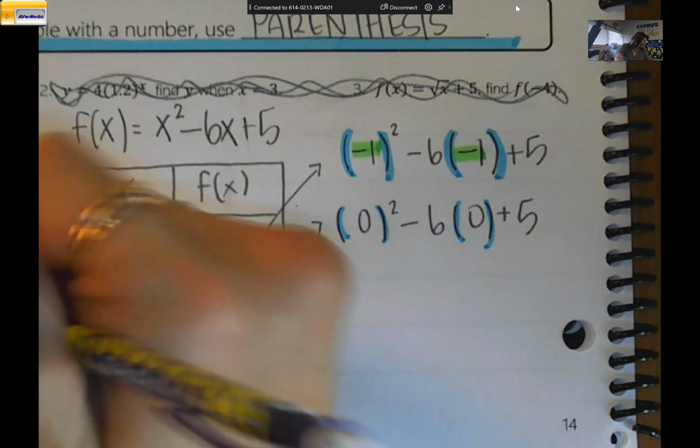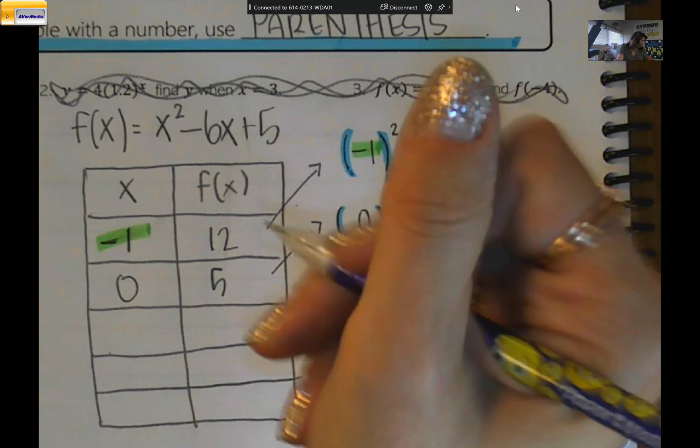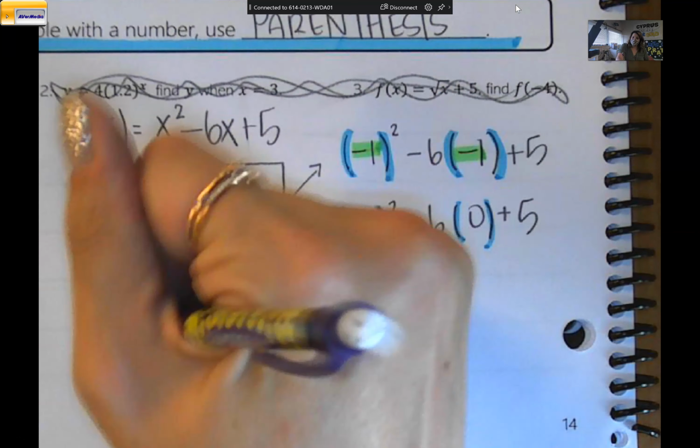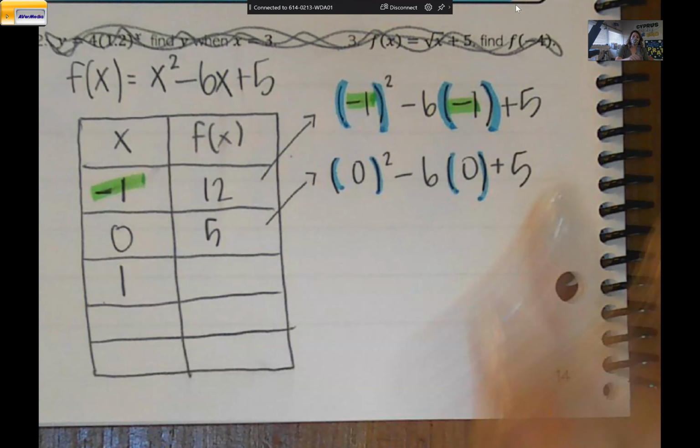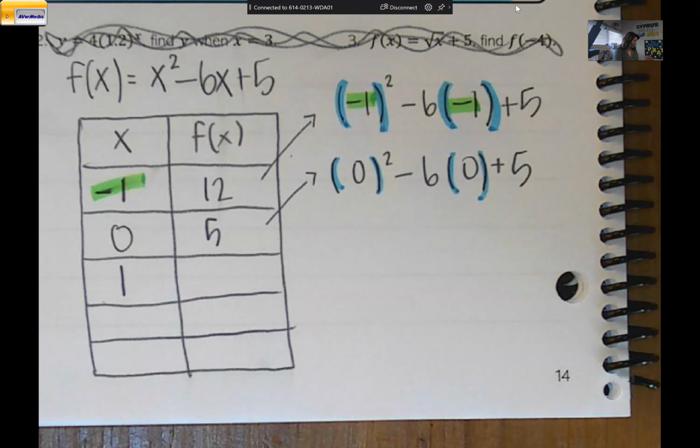Okay, this time you do it all on your own. Let's do 1. This time you're plugging in 1. I'm not going to write any of it down for you. I'm going to come around the mountain.